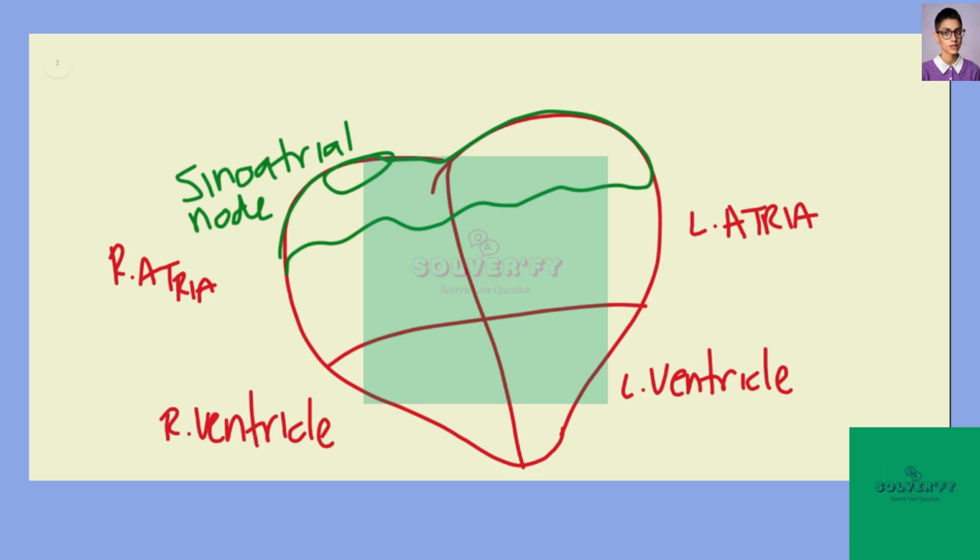Okay, and then from there, it's going to move down to between the two atria. Our next node is going to be the atrioventricular node.